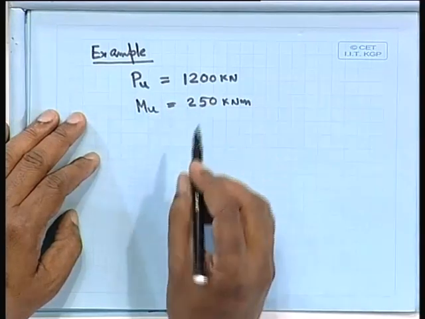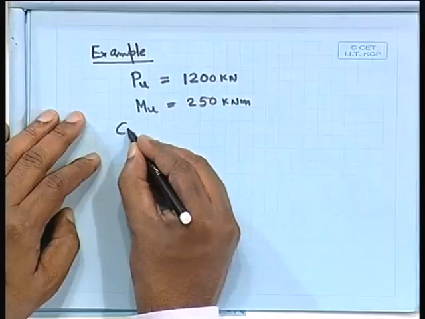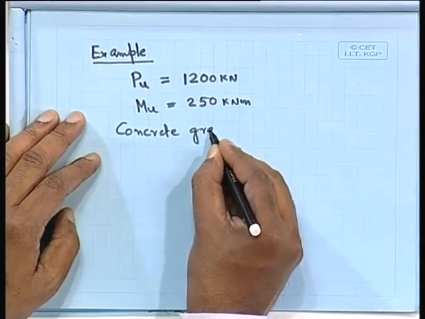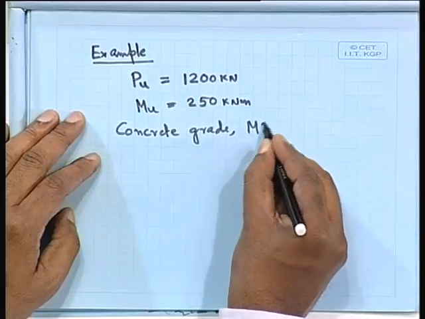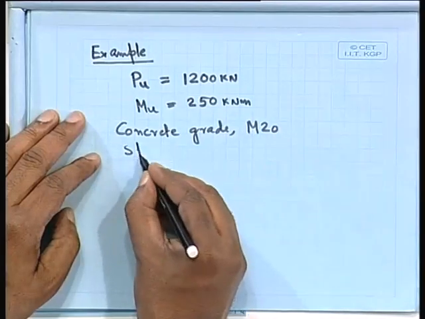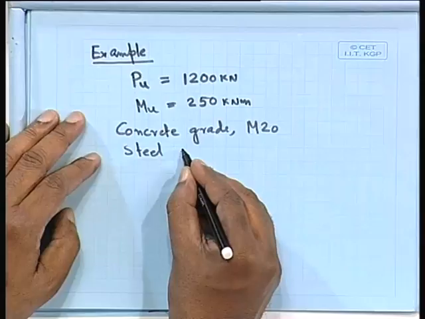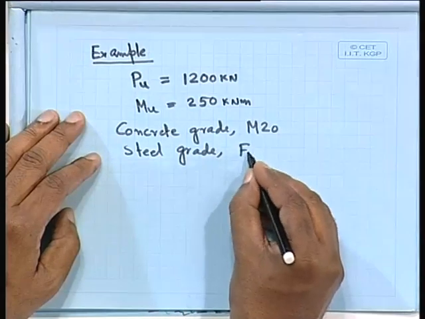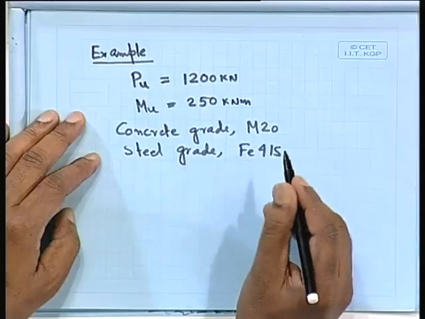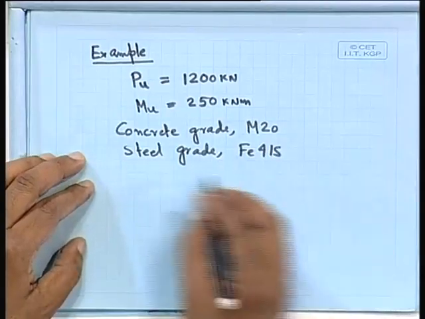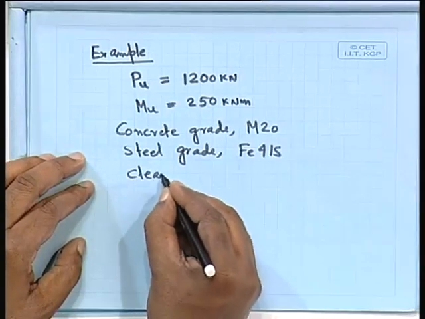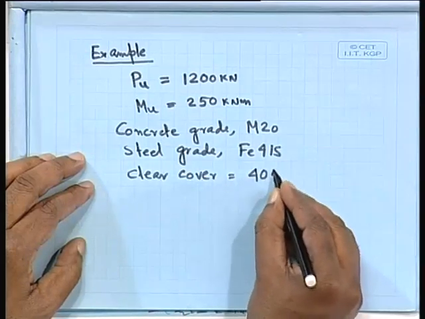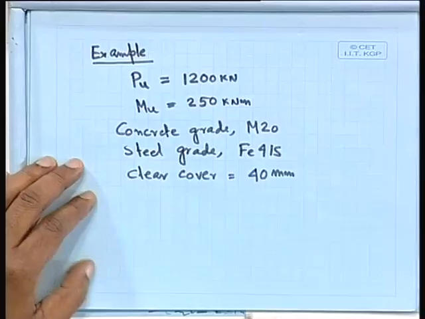So, PU and MU given, concrete grade M20, steel grade Fe415, clear cover 40 millimeter. For column we generally use the clear cover 40 millimeter.